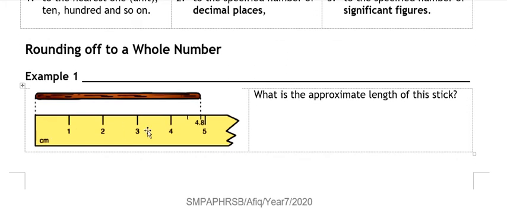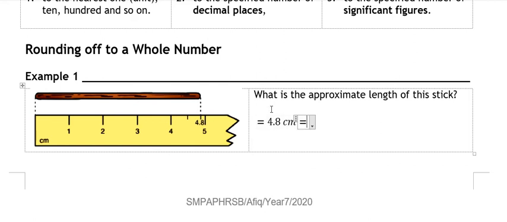Example number 1. Here you can see a stick is being measured, and you can see it is exactly equal to 4.8 centimeters. But looking at the question, what is the approximate length of this stick? So you have to round off to the nearest whole number.